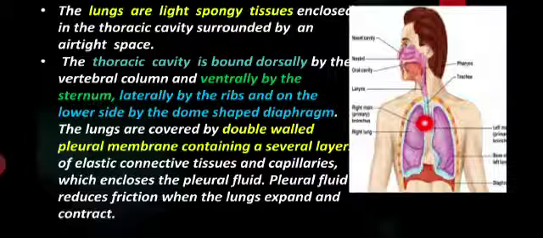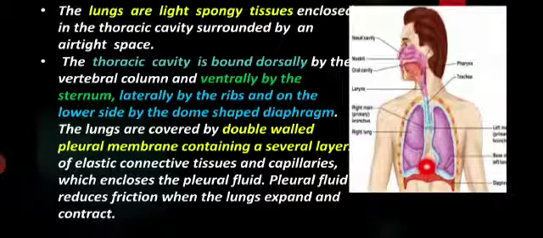On the lateral sides, the rib cage is present, and on the lower side a dome-shaped diaphragm is present, which separates the lungs from the stomach region, the abdominal cavity.